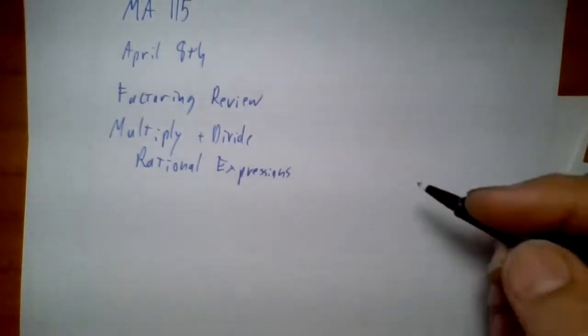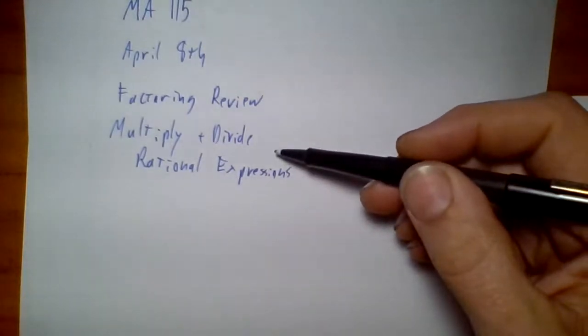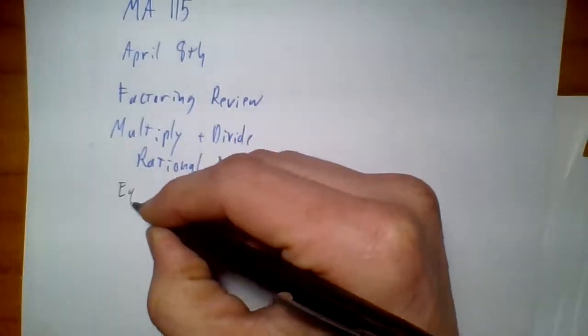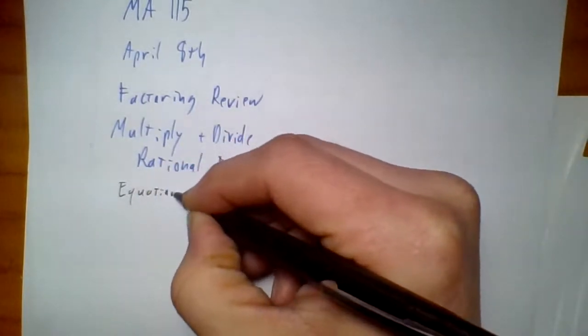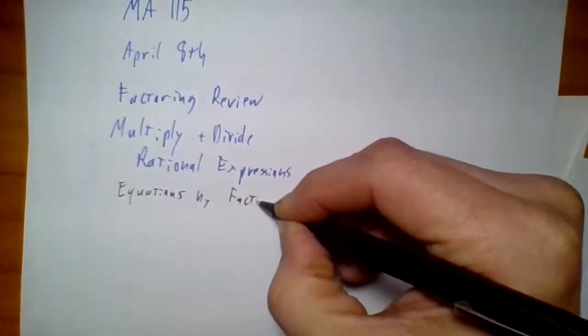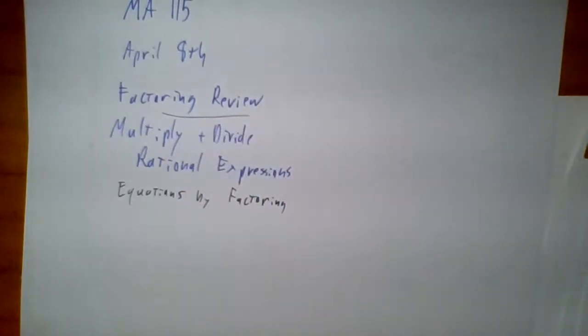All right, so as we work through any of these, multiplying and dividing rational expressions, or solving equations by factoring, I should add that to the list. There's a factoring step in there, so built into all of those is going to be plenty of factoring review. We'll have a mix of those.